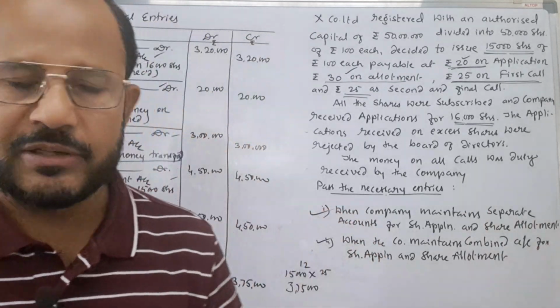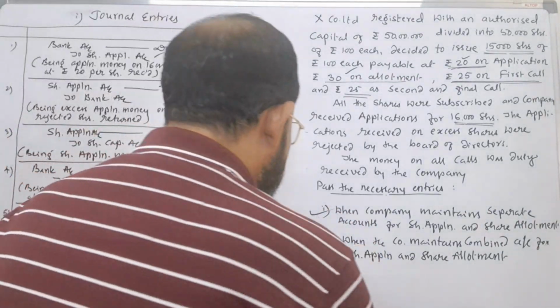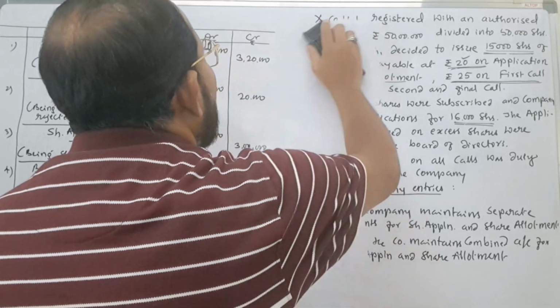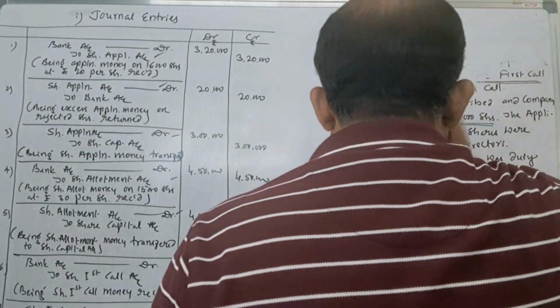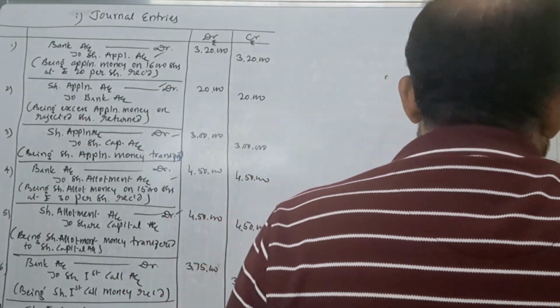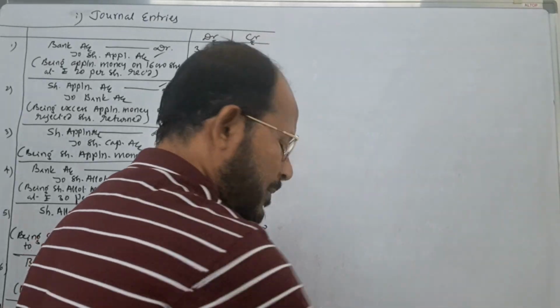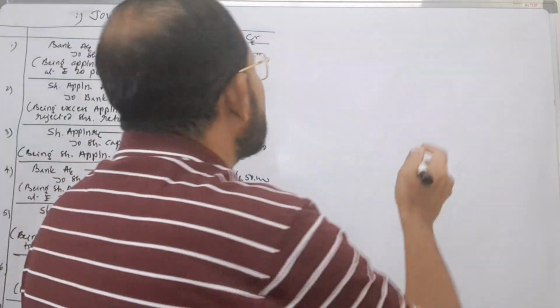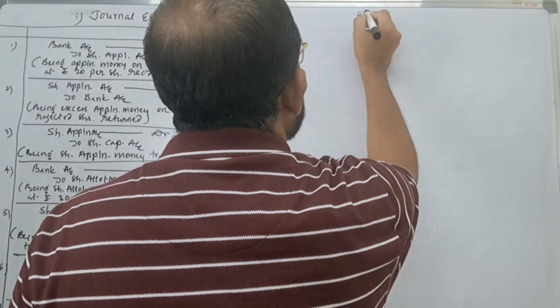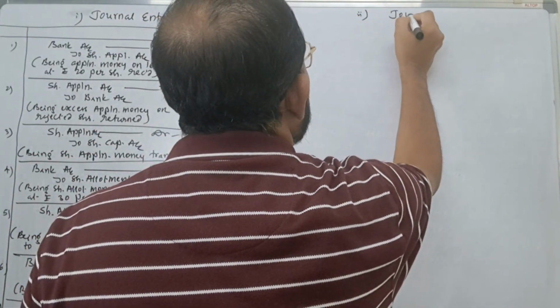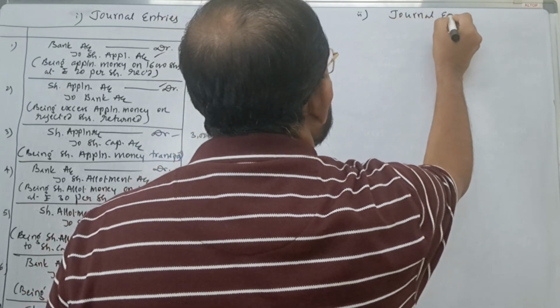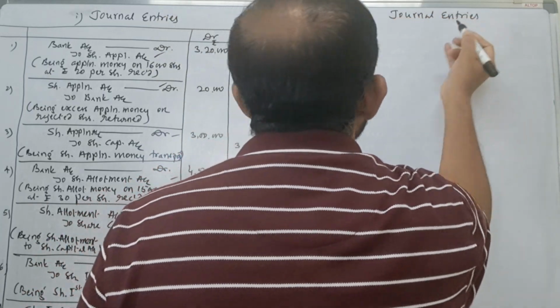That is the difference. Now you see in the second situation how the journal entries will appear. Journal entries under second situation.